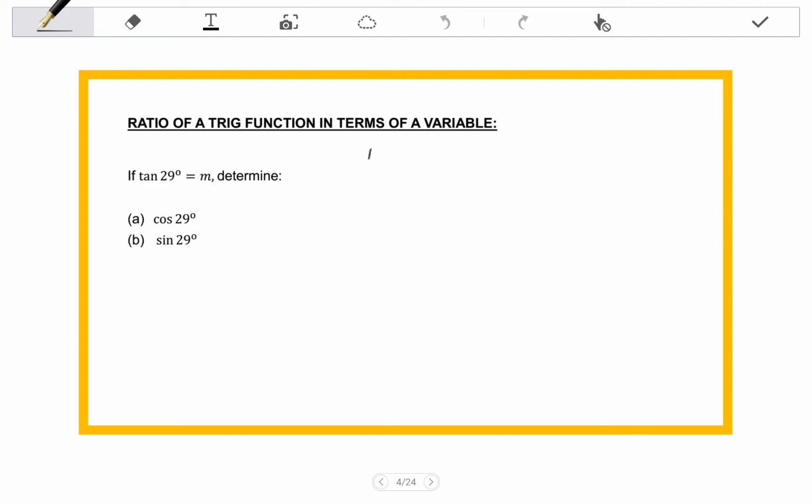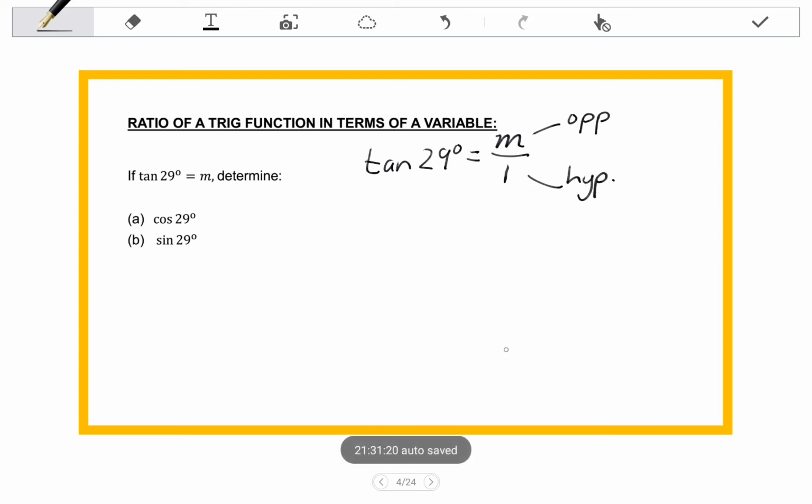Now what you can do is realize that tan 29 is equal to a ratio. Now m can be written as a fraction as m over 1, and we know that tan is always opposite over hypotenuse. Okay, so if I were to draw a triangle, and this is my angle, 29 degrees.